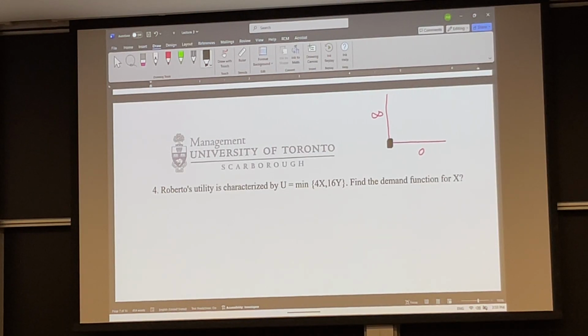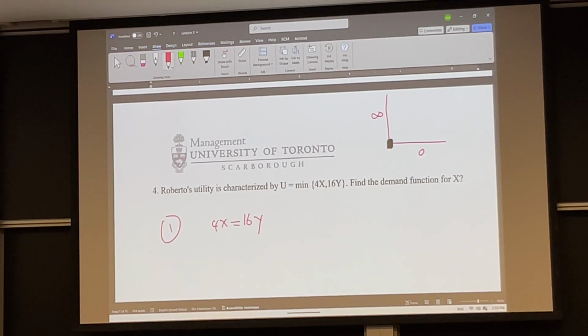The perfect complement will decide a relation between x and y based on the perfect complement relation. That becomes your equation number 1. That's equivalent to your tangency condition for other functions. Make sense? So if you want to find a demand for perfect complement, use the perfect complement relation. Solve it for y.